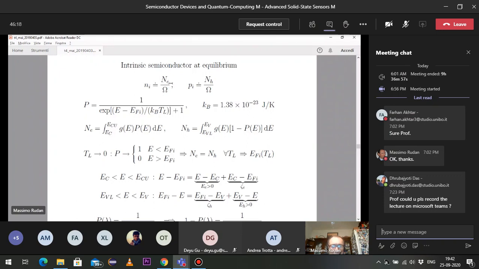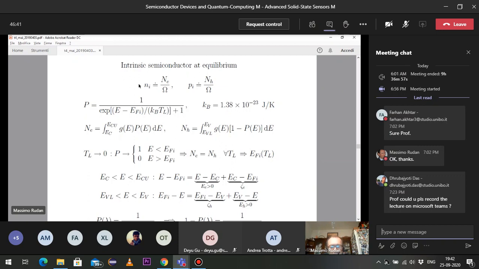So this gives you the concentration N of the electrons in the conduction band. Since we are considering the intrinsic case, we attach an index I to the concentration of the electrons. So the index is just to remind that it means intrinsic, okay?